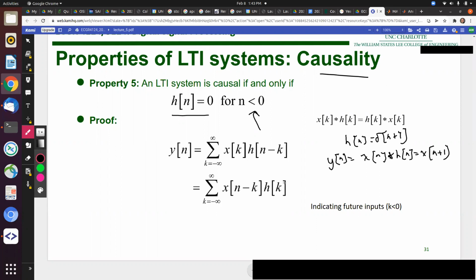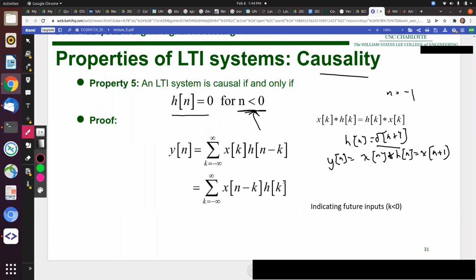No. So in this example, h has a value at n equals negative 1, and the system is not causal. So if there exists a value of h for any value of n that's less than 0, you're going to have a system that's not causal. Clear?